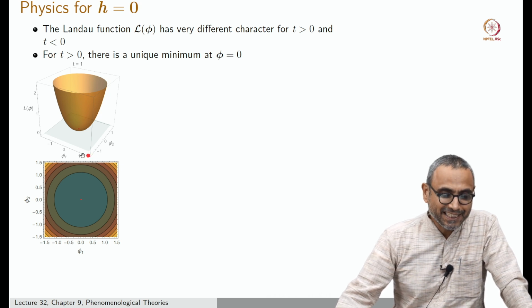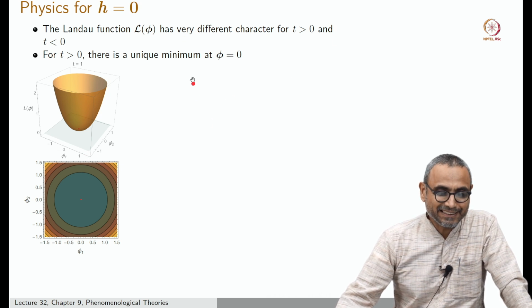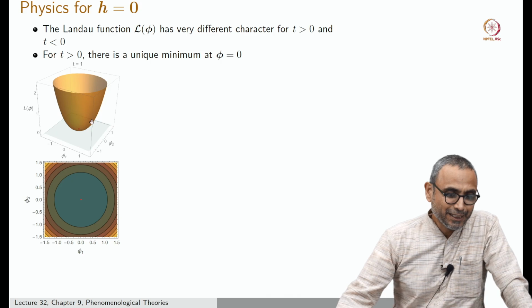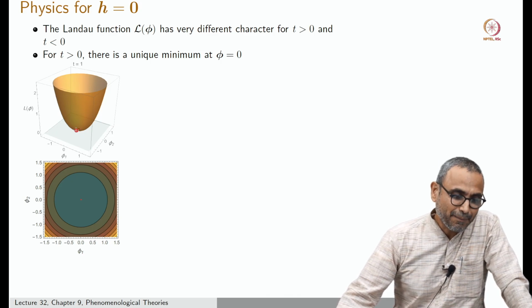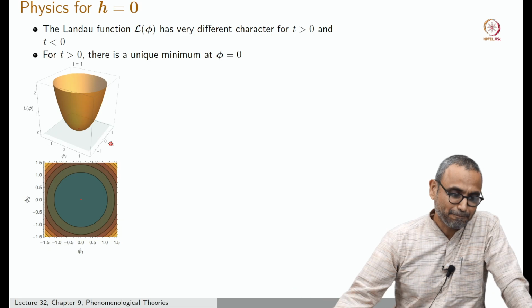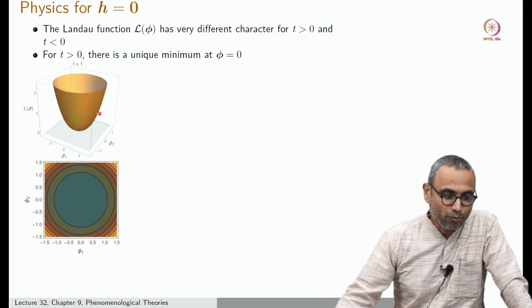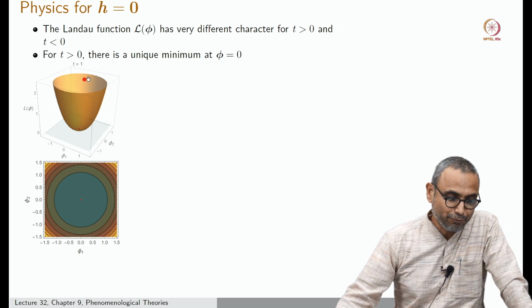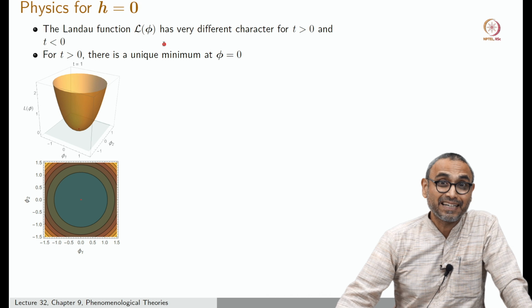So what happens here is when t is greater than 0, if I look at this L of phi and plot it as a surface plot, you will see that it looks like a paraboloid, with a minimum, which is, I hope you can see this little red dot here, at the bottom of this thing. And what is shown here is a contour plot of the same function, and this red dot is the point where L is getting minimized.